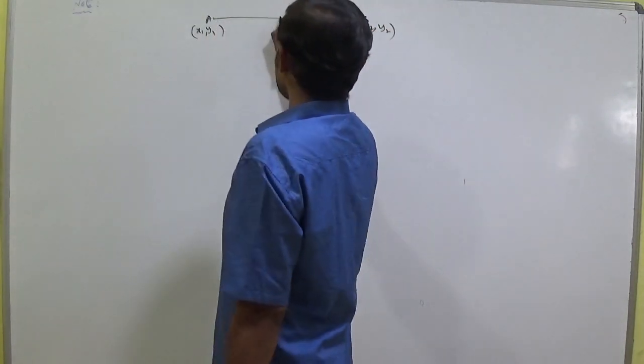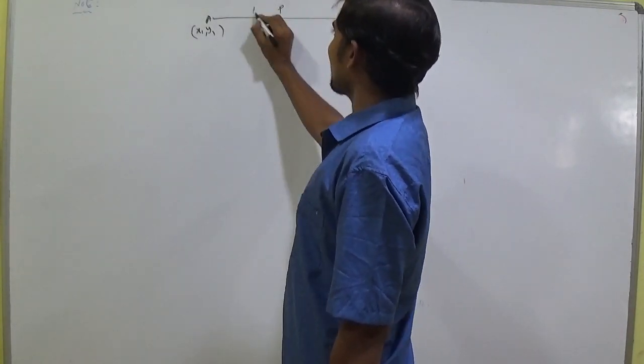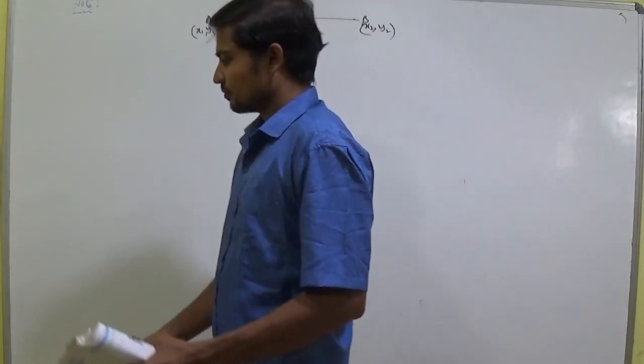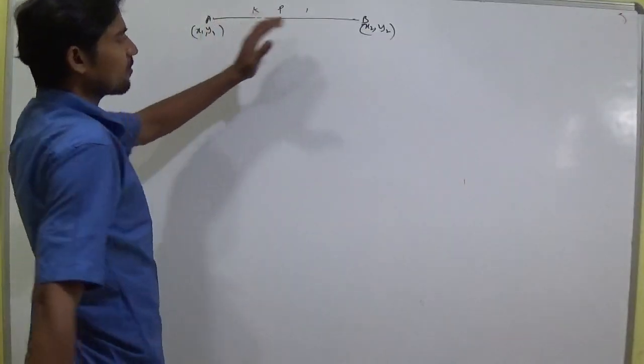These are the coordinates. Suppose P is a point that divides the line segment in 1:1 ratio. Let us suppose first of all K:1 ratio.